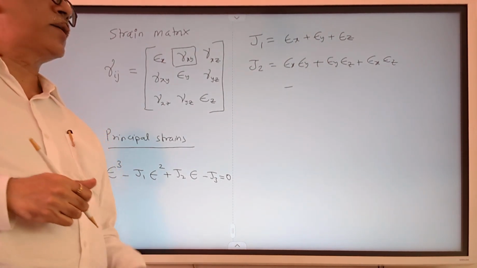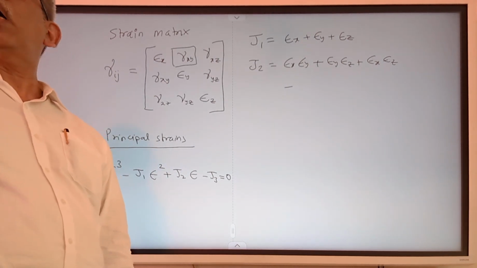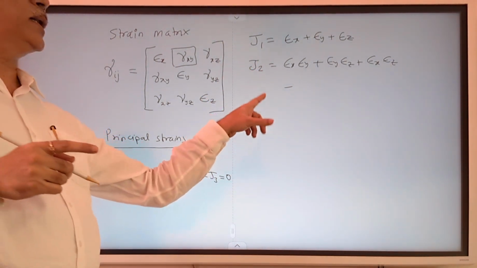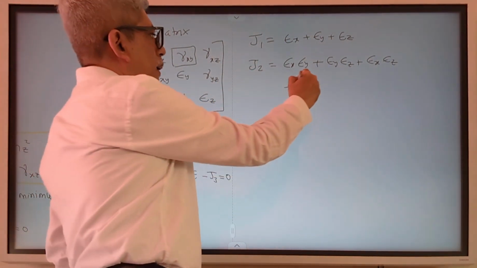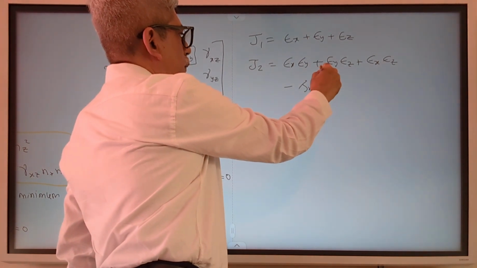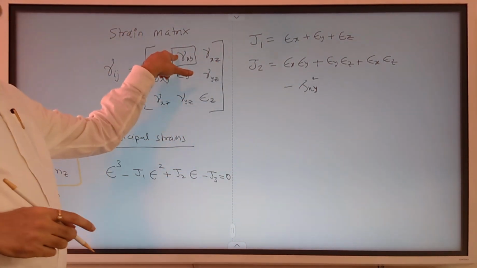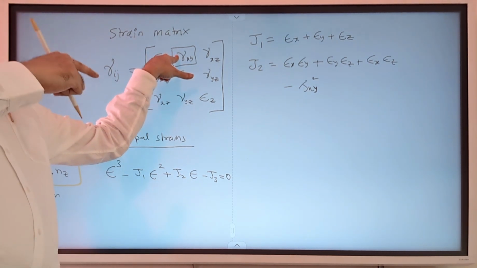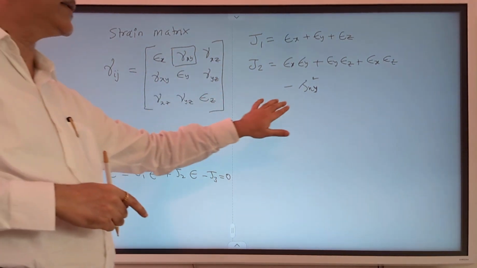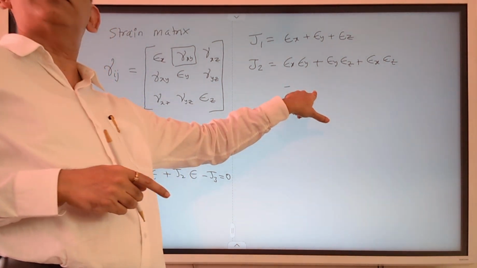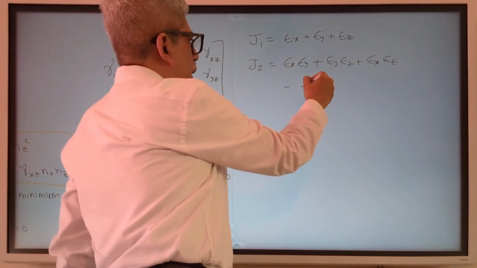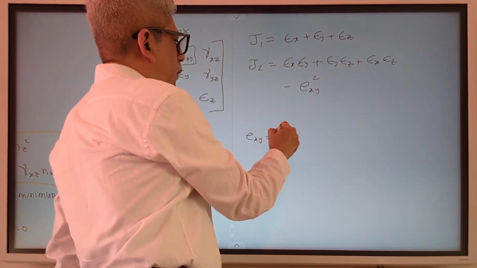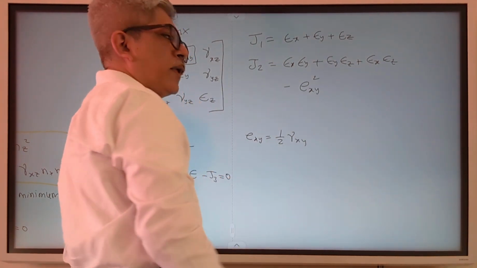So this is where the difference comes. All of you please pay attention here. In the stress equation, the second invariant had tau xy square, where tau xy was directly picked from the matrix. Now the important difference, or the only difference in the case of strain analysis, is that instead of gamma xy square here, you get what is called exy square, where exy equals half of gamma xy.